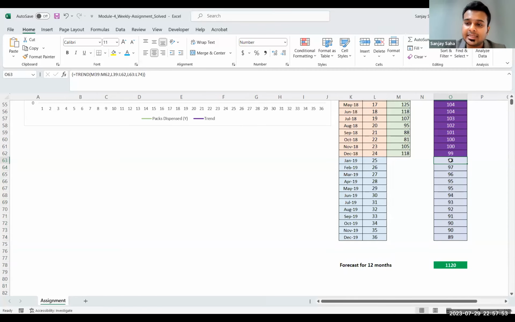So 98 in this cell means that the trend line is showing us that for the 25th month, this facility or this district will need 98 packs. Then for 26 months, 97 packs. 27th, 96, and respectively for the 36th month, they will need 89 packs. So in total, for the entire 12 months, if we take the sum, we will get the forecast 1120. So that is the number of packs that they will need for an entire year.